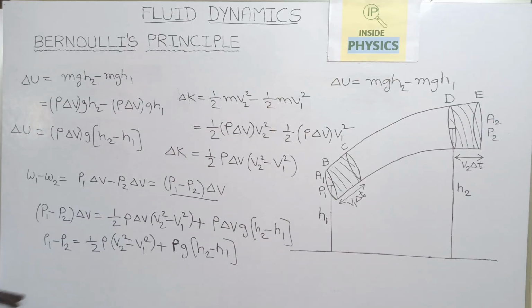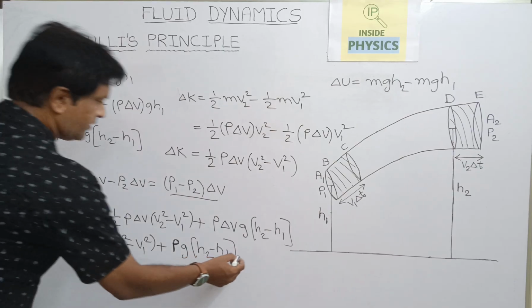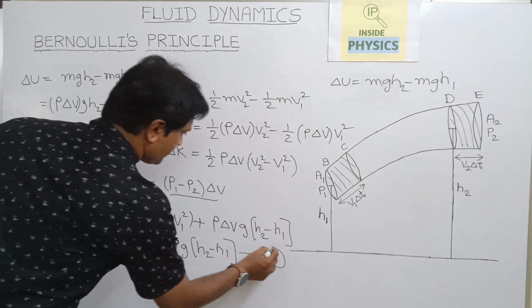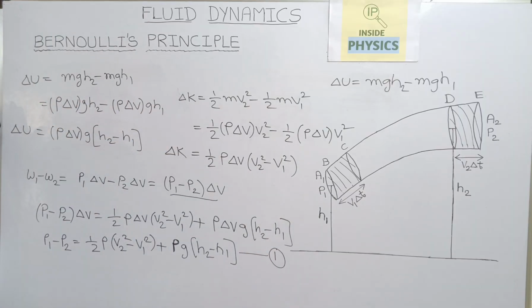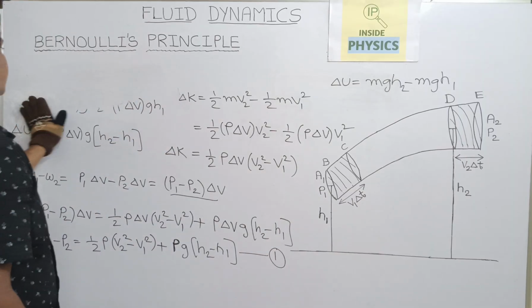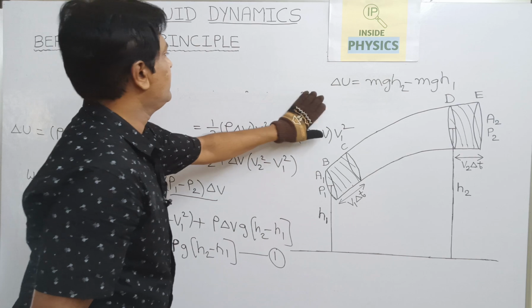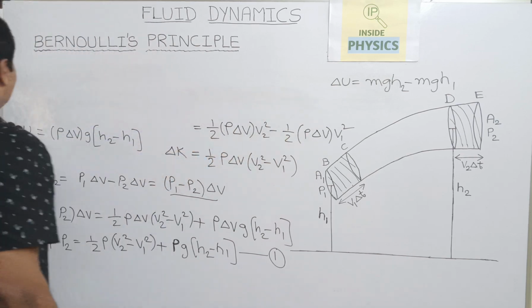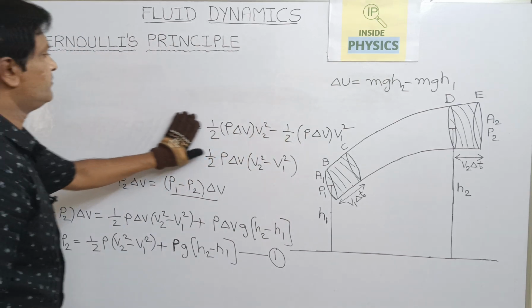Okay. So here by exchanging the terms we can write, from this relation, which we take as equation 1, we can exchange the terms and equate the relation in this form.